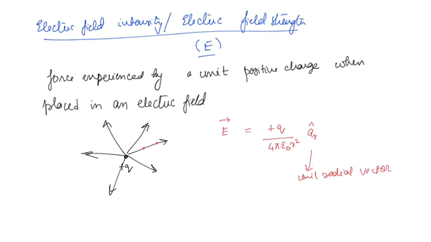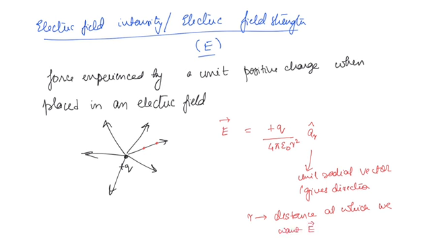It gives the direction. And r is the distance at which we are finding the electric field intensity, at which we want E bar.